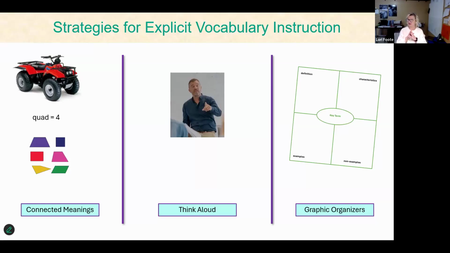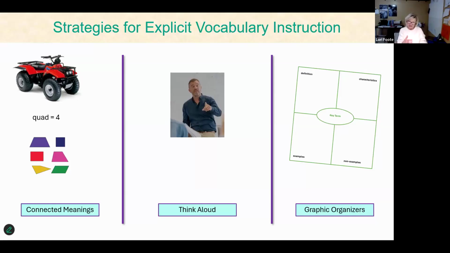The second one there is a think aloud. After you've been a teacher for just a few years, you start narrating everything you do. When I'm thinking aloud, I am telling students what's going through my brain as I go into a problem. I can do the same thing with vocabulary. I'm not really sure what this word is, but if I were going to guess, I would look at this part of the word, or that part of the word, or look at it in the context of the sentence.